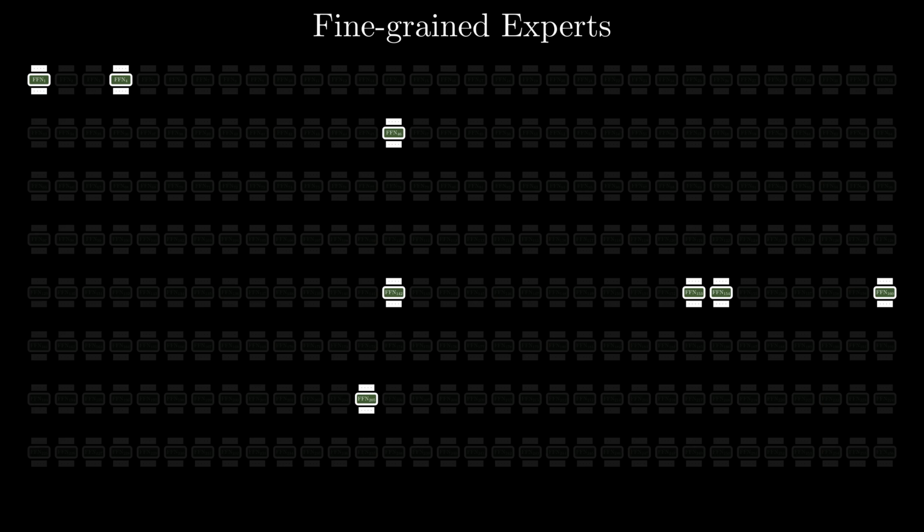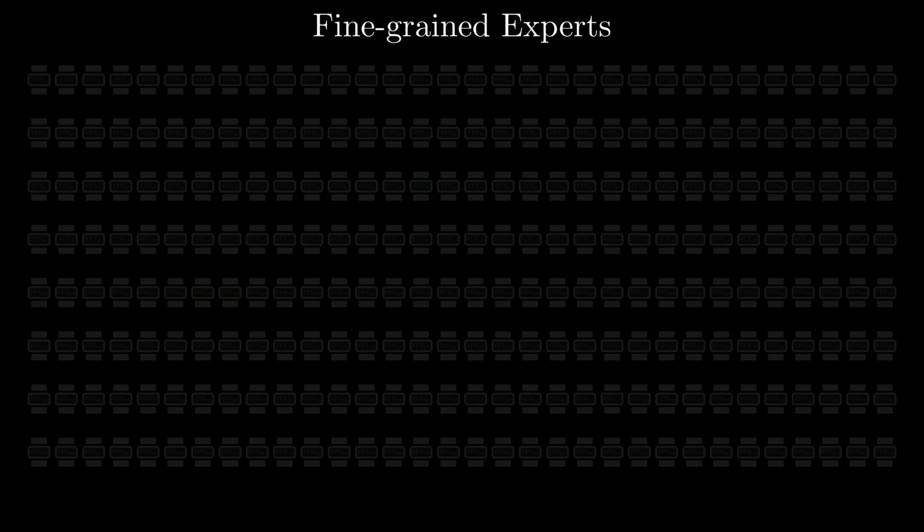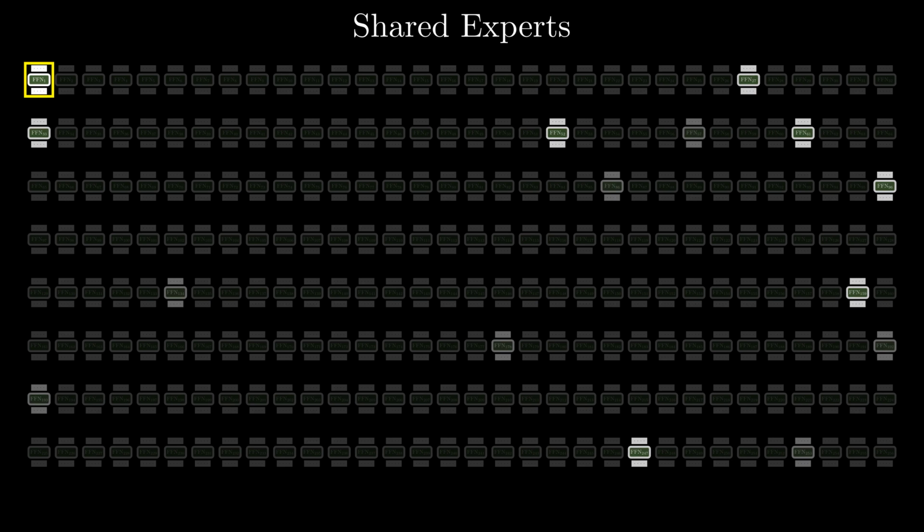The fine-grained experts design was later adopted in many of the open-source models like Qwen 3 or Kimi K2. In the OLMoE paper, they perform control experiments to highlight key design choices. The results show a clear advantage of using fine-grained experts. Another interesting design is the inclusion of a shared expert that is always active, as highlighted in the yellow box.